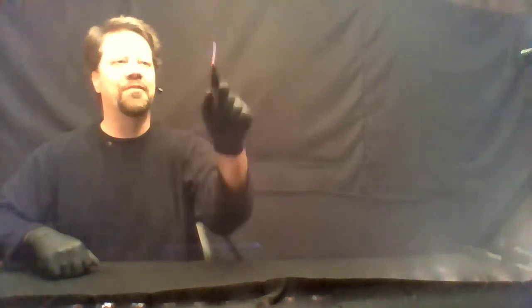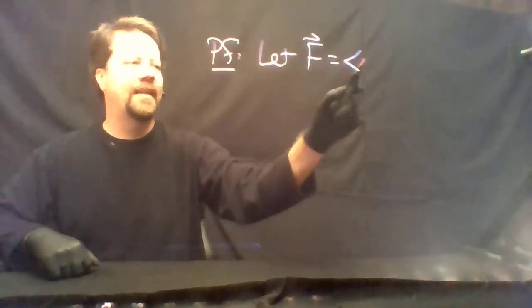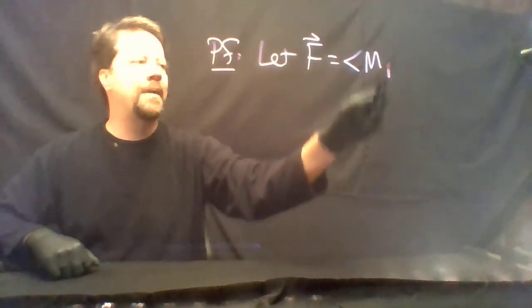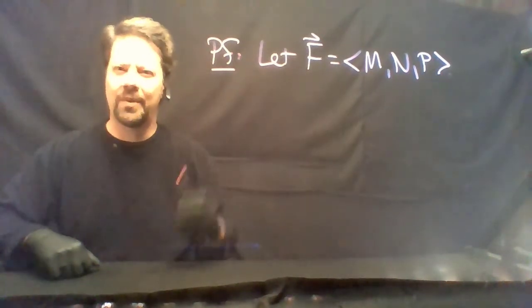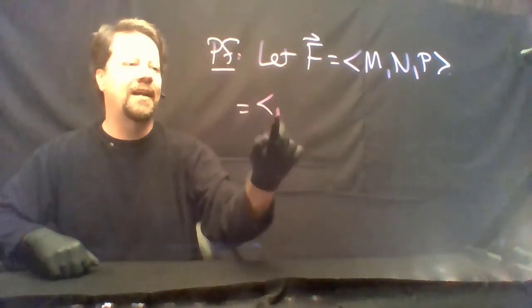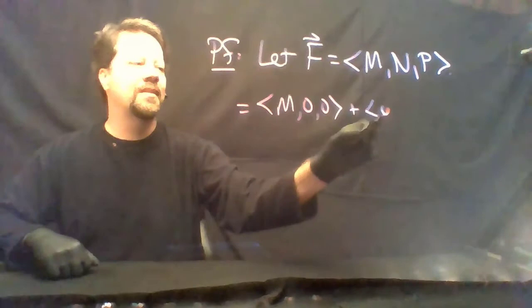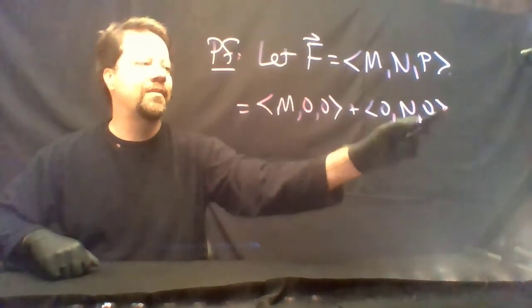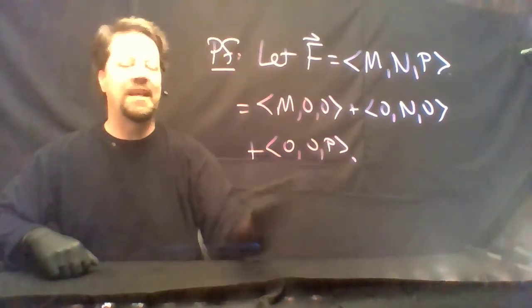In our proof, suppose that the vector field F has coordinate functions M, N, and P. We're going to write this in an unusual way. We're going to decompose this as M00 plus 0N0 plus 00P.